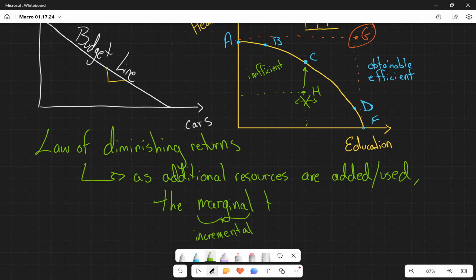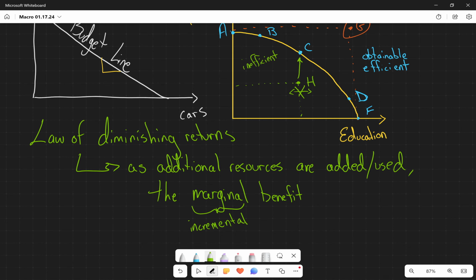So the marginal benefit is the benefit of that next resource that we're adding, the incremental benefit of those additional increments. That's the reason why this is a curve instead of a straight line.